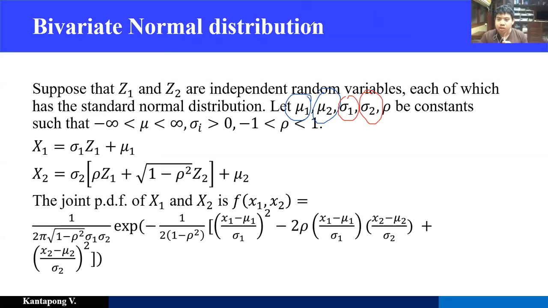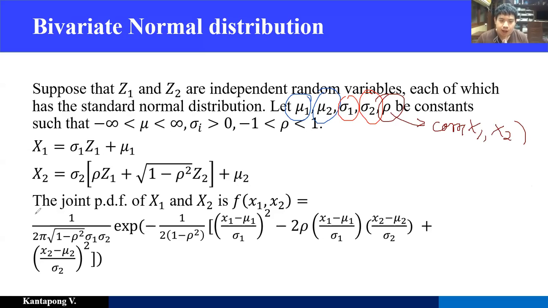But not only that, we also have rho. Rho is the correlation between x1 and x2.